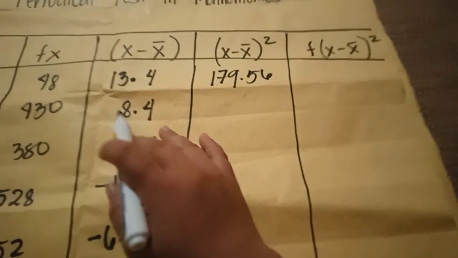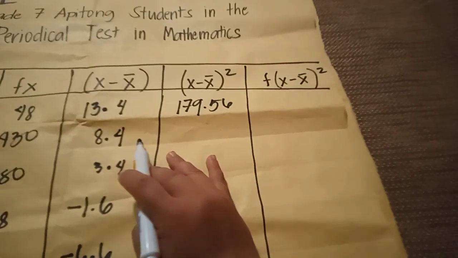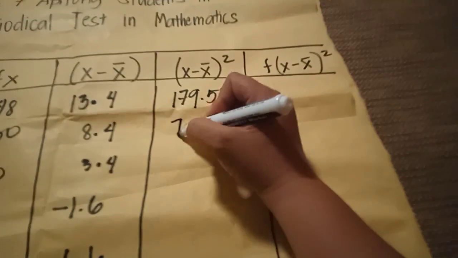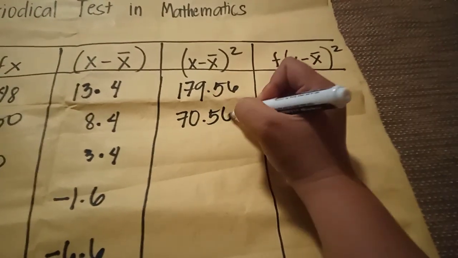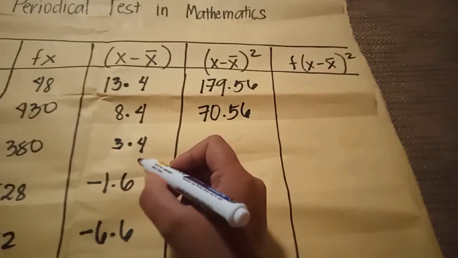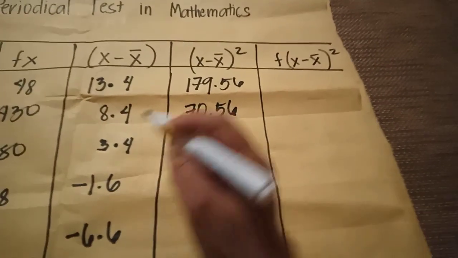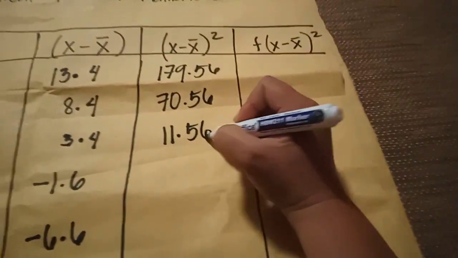Next, 8.4 times 8.4, or 8.4 squared, is equal to 70.56. Another is 3.4 squared, which is equal to 11.56.